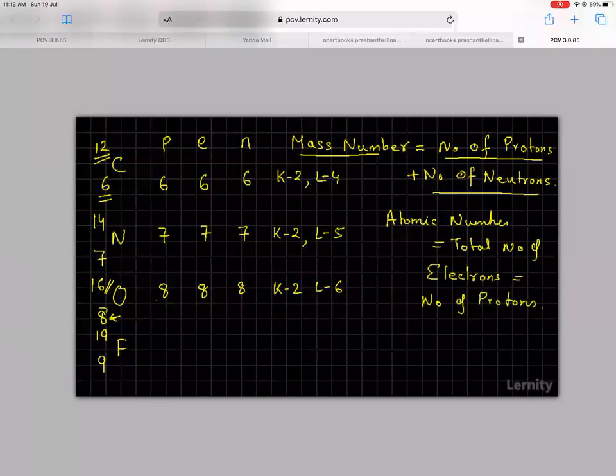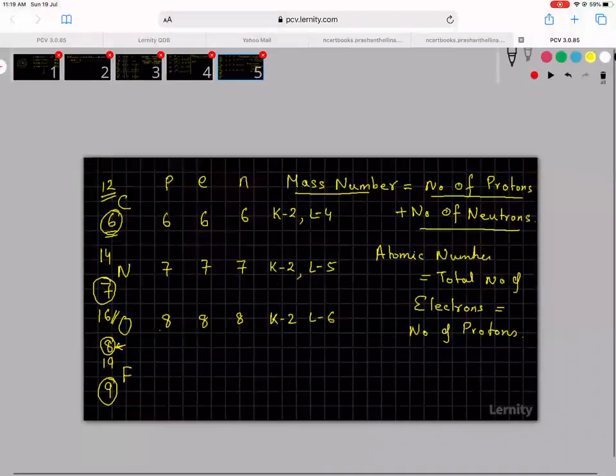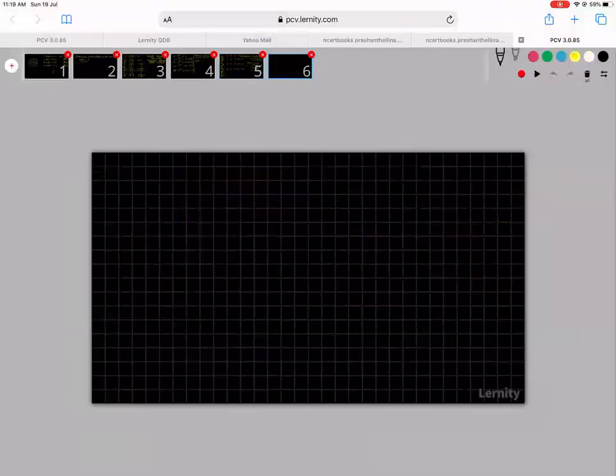So here this is the atomic number, this is the atomic number, this is the atomic number for fluorine. Down what I am writing is the atomic number, up what I am writing is the mass number. That is the typical way to write it.